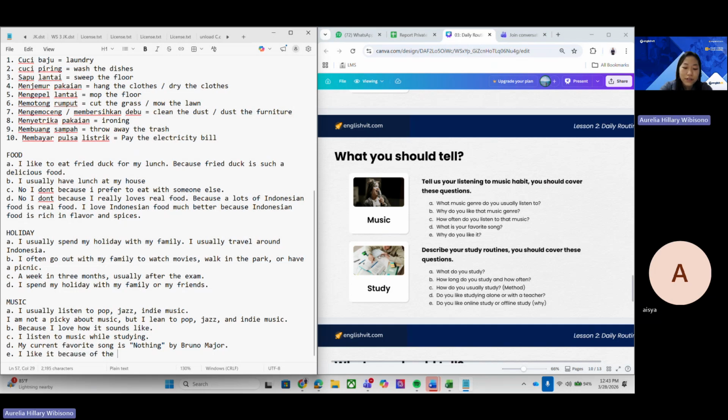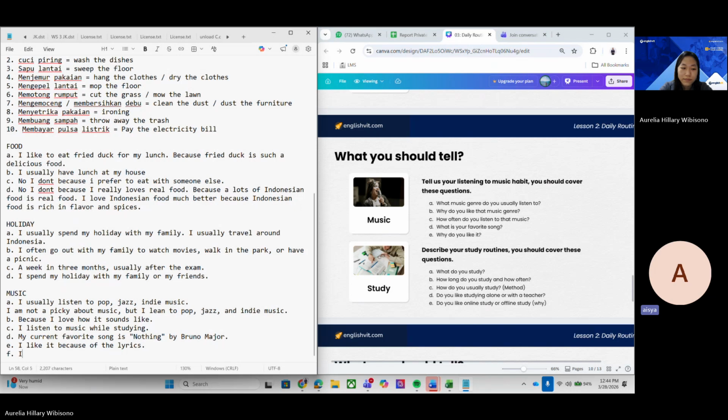All right. So, do you have any favorite singer? I love Bruno Major, Secrets After Sex, Taylor Swift, Nicki, and lots more. Okay, so you have broad options. All right. If you can pick one between pop, jazz, and indie music, which one is your number one?